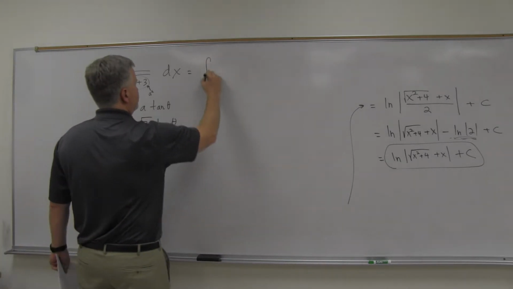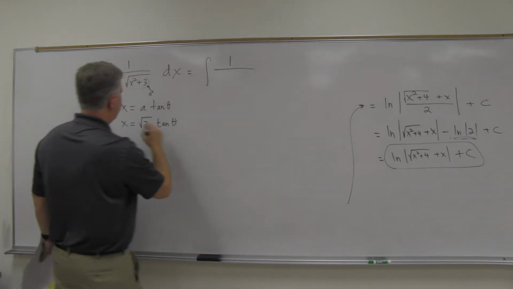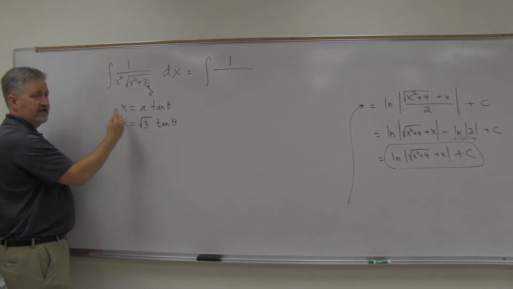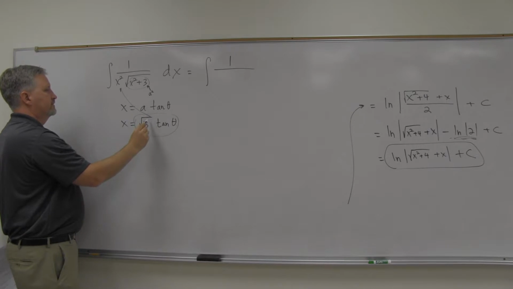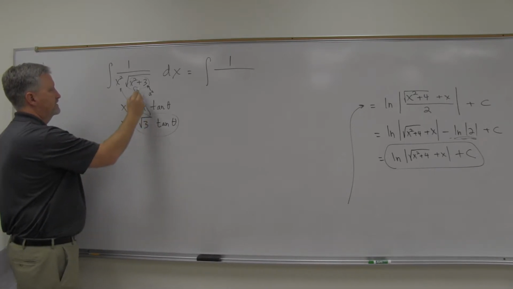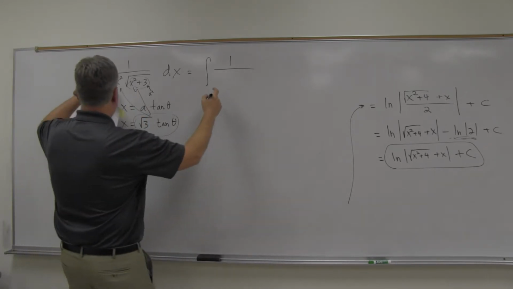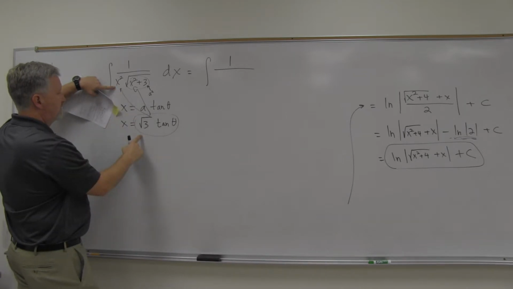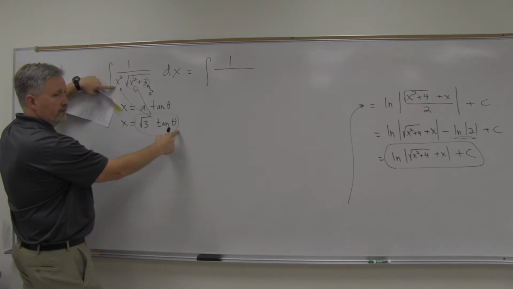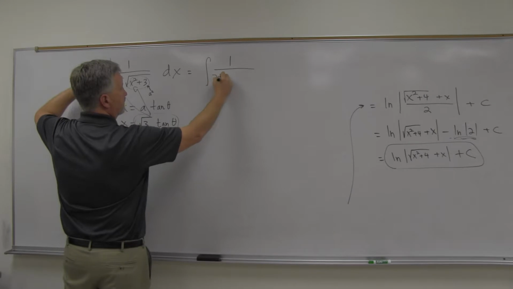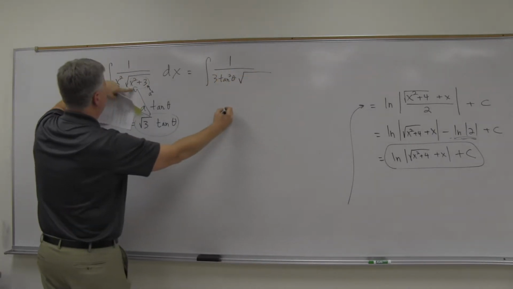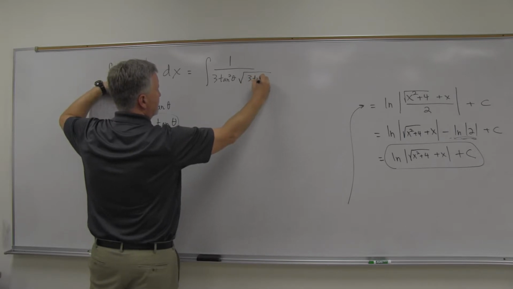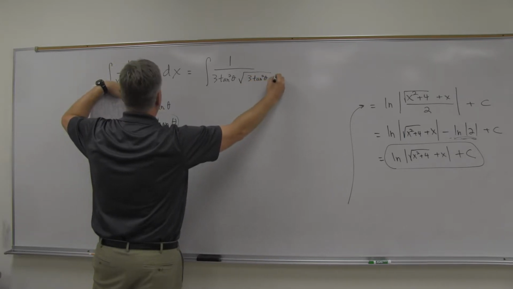Okay, so we've got the integral of 1 over, and like I said, all the x's get substituted for, so the square root of 3 tan theta goes in for all the x's. Squaring that, what would that be? 3 tangent squared. And the same thing for that, 3 tangent squared theta plus 3.